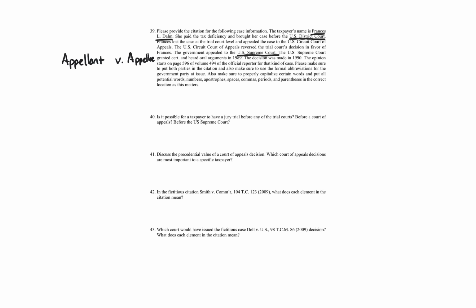However, at the U.S. Circuit Court of Appeals, it was reversed, and the government is who is appealing. So that is the appellant. So again, because this is a U.S. District Court, we're not going to do Commissioner. We're going to do U.S. space, v., and the appellee here is going to be the last name of the taxpayer, D-A-L-M.